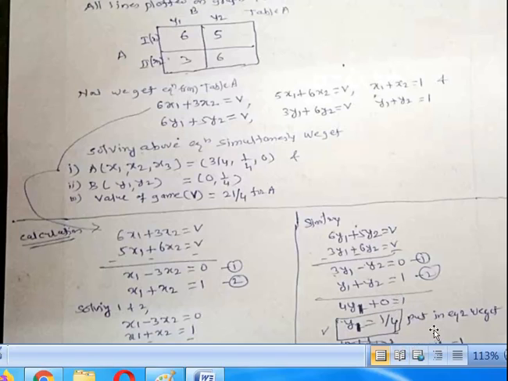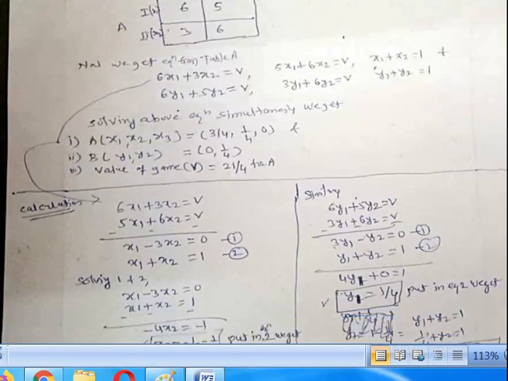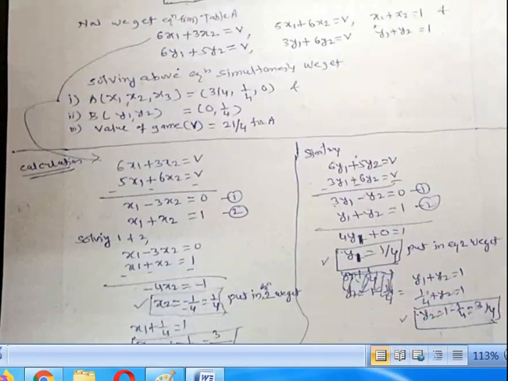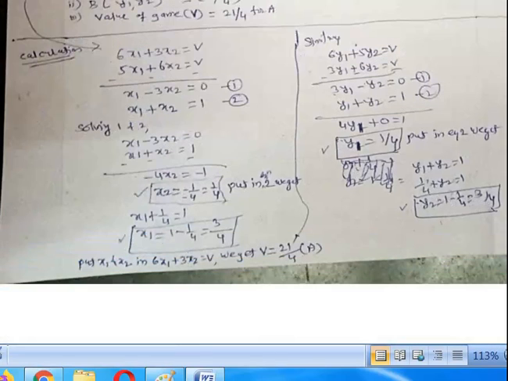Put this value in equation 2 and we get y2 is equal to 3 by 4. You have to put the values of y1 and y2 in any one of these equations. We get the value of game for player B as minus 21 by 4. Thank you.